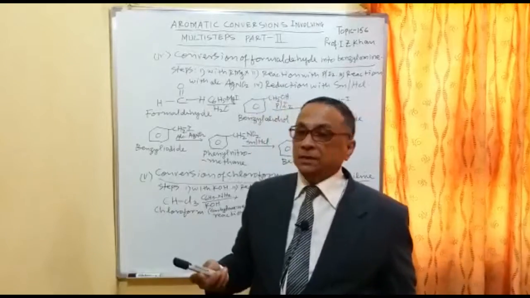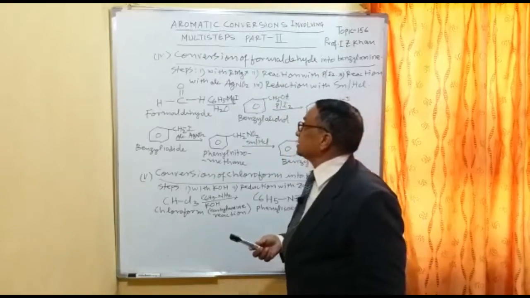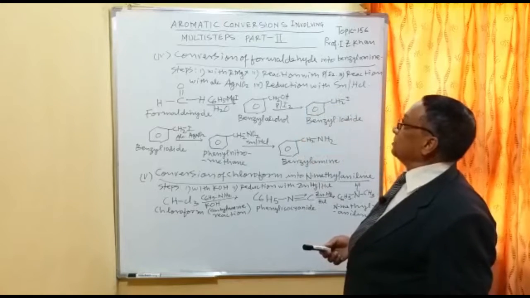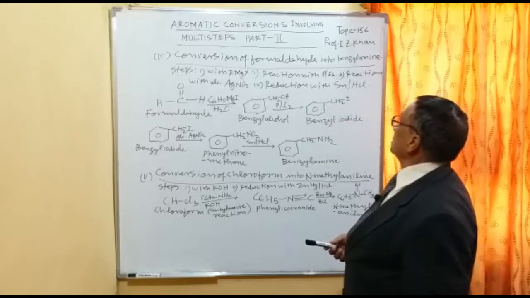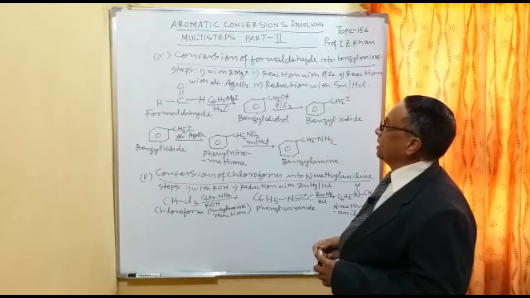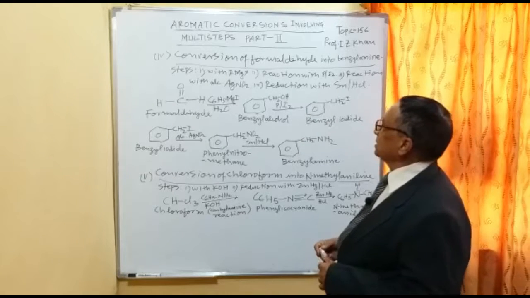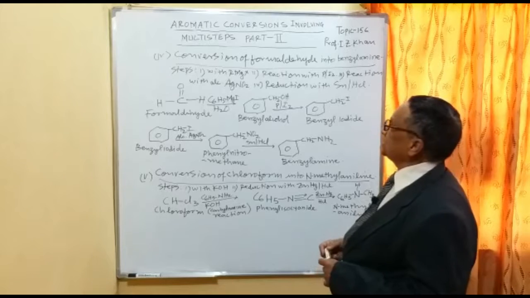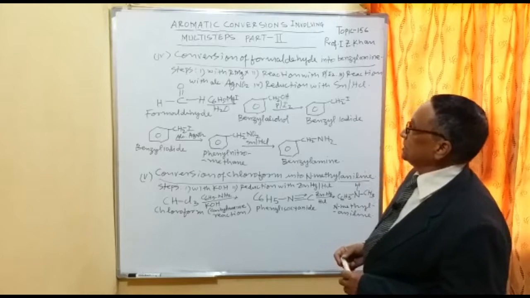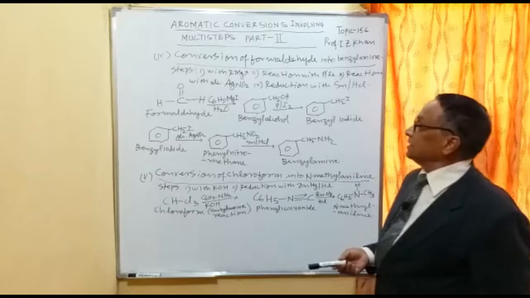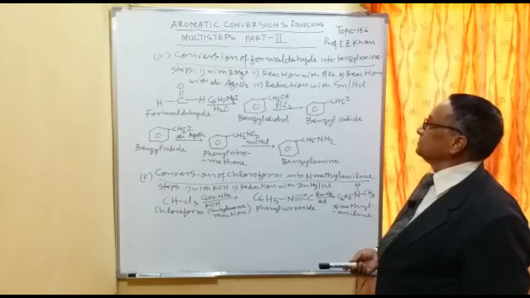So the number 4 conversion is the conversion of formaldehyde into benzylamine, and this conversion involves 4 steps. The first step is that it is treated with Grignard reagent, that is RMgX.